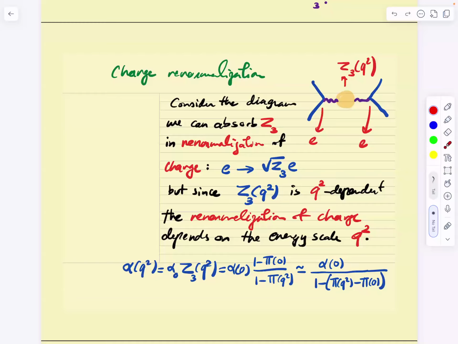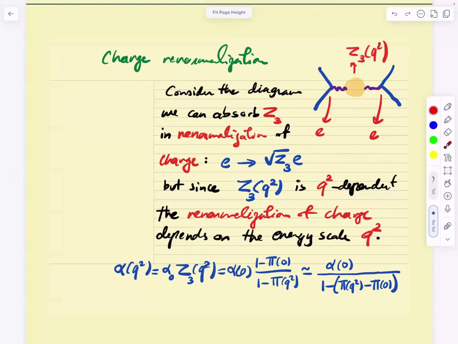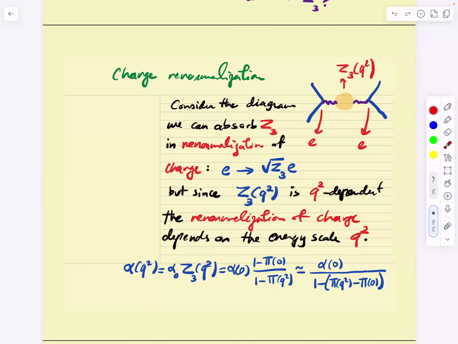To see that, let's elaborate a little bit more. What is the point of renormalization of charge? It goes into the calculation of, for example, scattering of electron and photon, like Compton scattering, or scattering electron positron.